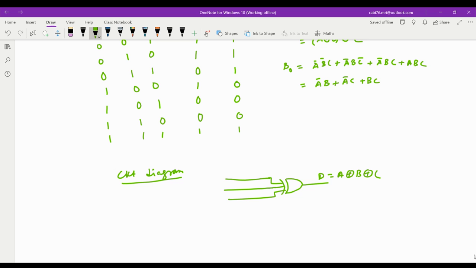First one, A bar is used twice, so first take BC, B and C. This is an AND gate.